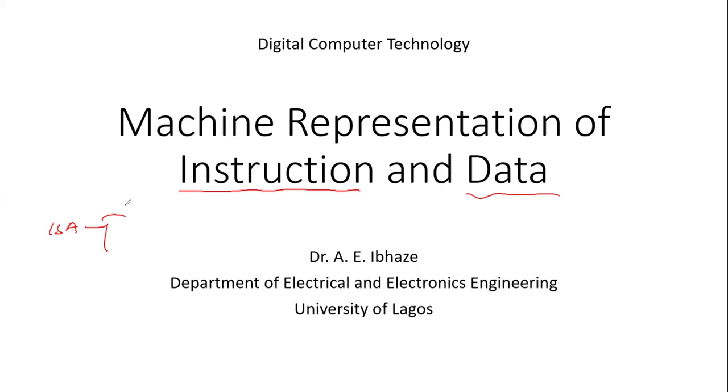So now we're talking about the instruction set architecture. We're saying right now that it is defined by the instruction set, which has to do with the language. And then it also has to do with the operand location. And this location could either be in the register or the memory.